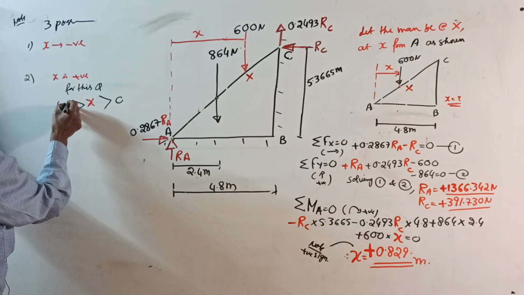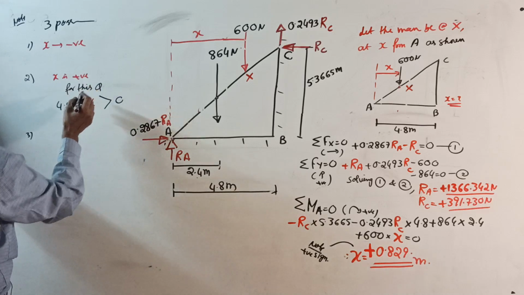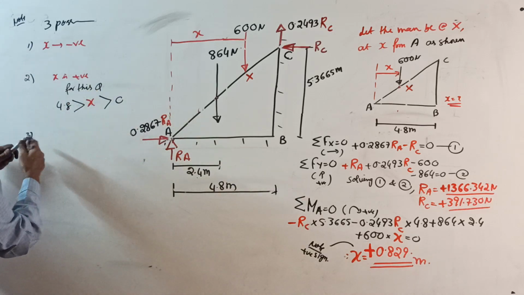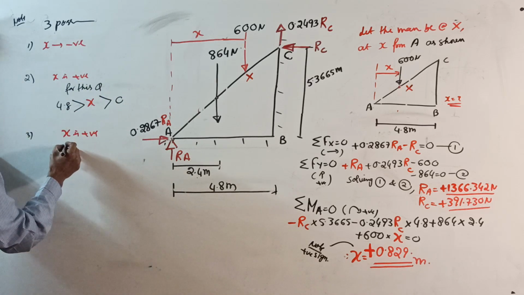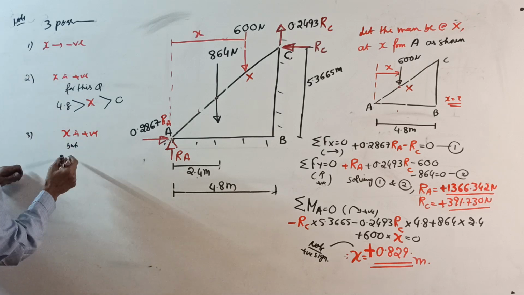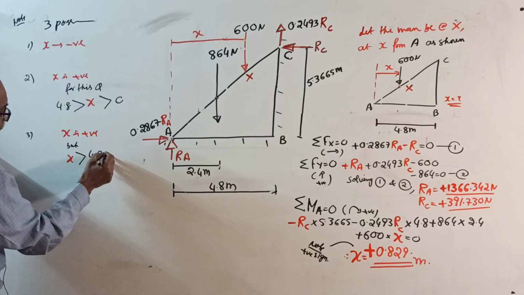That's very important, 4.8. Possibility 3 is x is positive, but x is more than 4.8 meter for this question.